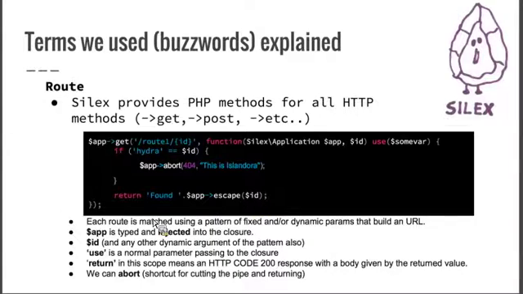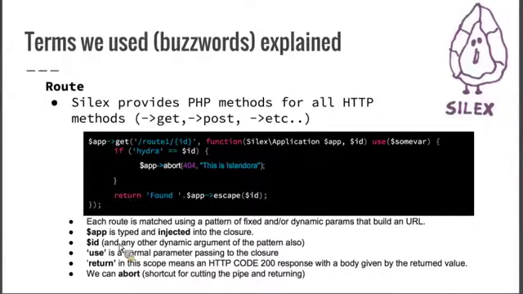So these routes are matched using a pattern. This is the pattern. And it can also have these dynamic parts. These routes are matched on priorities. So if I have first a route 1, something else, and then I have this route 1, something else, the first one that matches will be invoked. This is very important when you build, so just try to build them in the order you want them to be matched.